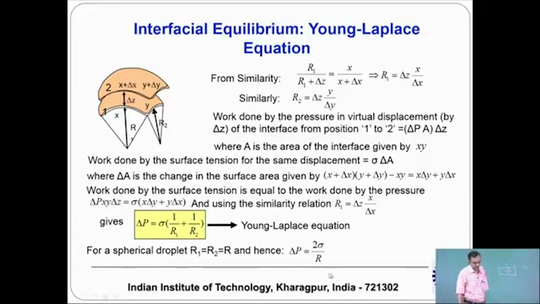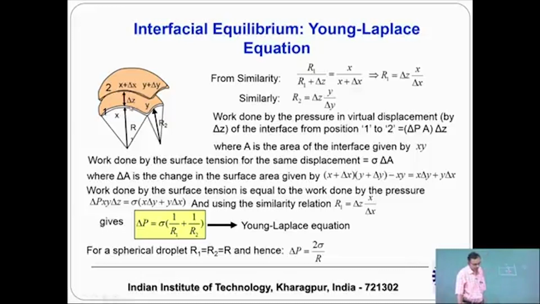So, look into this figure. Here there is a membrane which is at configuration 1. By virtue of a pressure difference across this membrane, it attains a configuration 2, where the dimension of one side, x, has become x plus delta x, and the lateral side, the other side which had y dimension, has become y plus delta y.